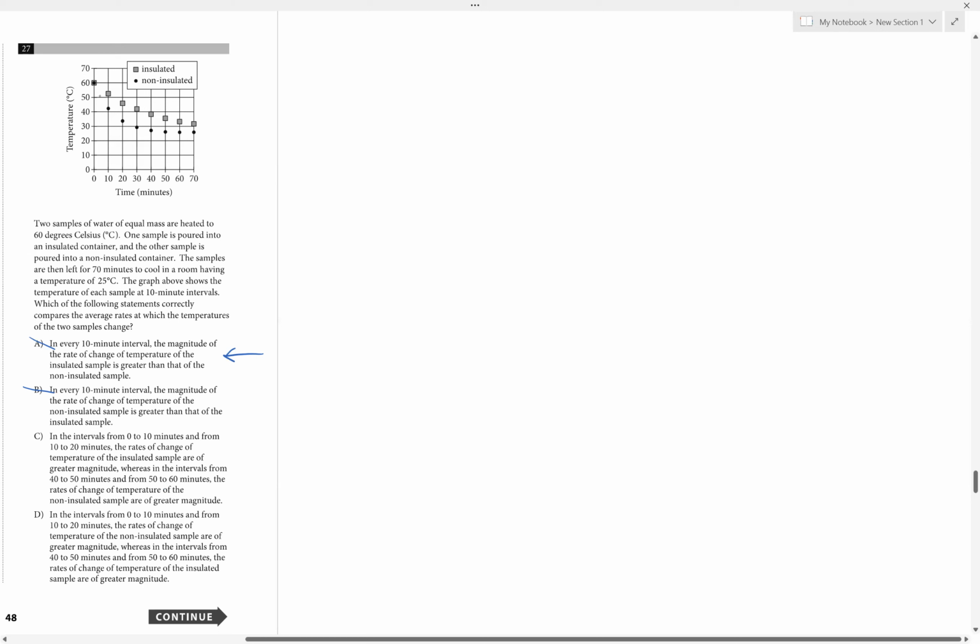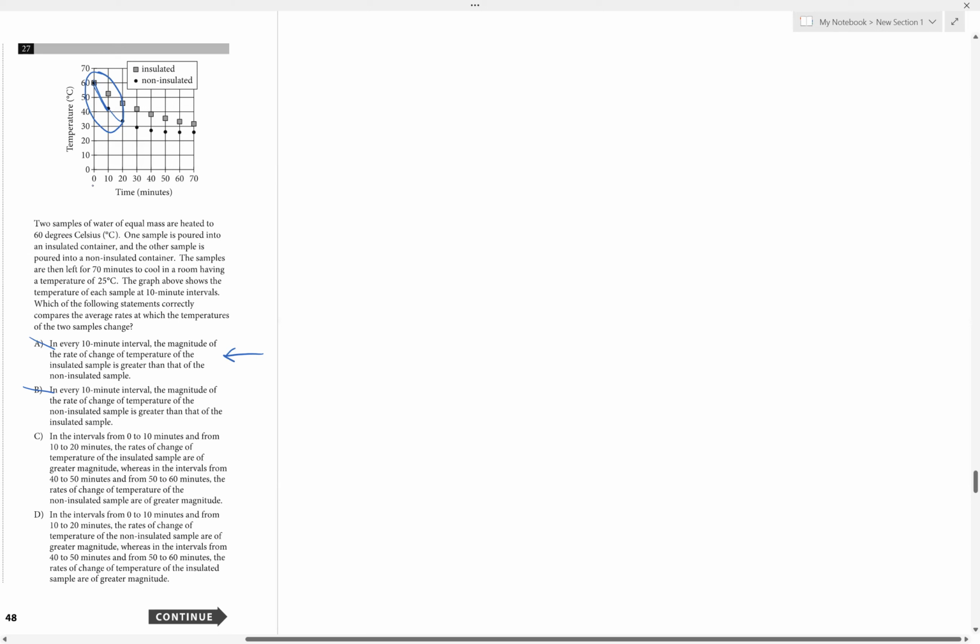We said earlier that the bigger drop, the bigger change, should be the non-insulated sample. So from 0 to 10 and 10 to 20, the rate of change for the non-insulated should be greater. It seems like C is on the right track, recognizing we had two different scenarios in the beginning compared to later time, but I think C got it flipped.